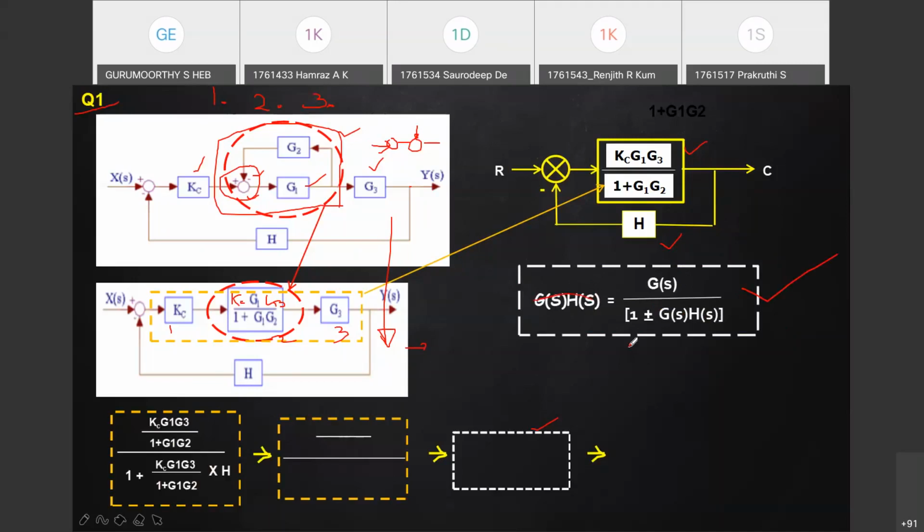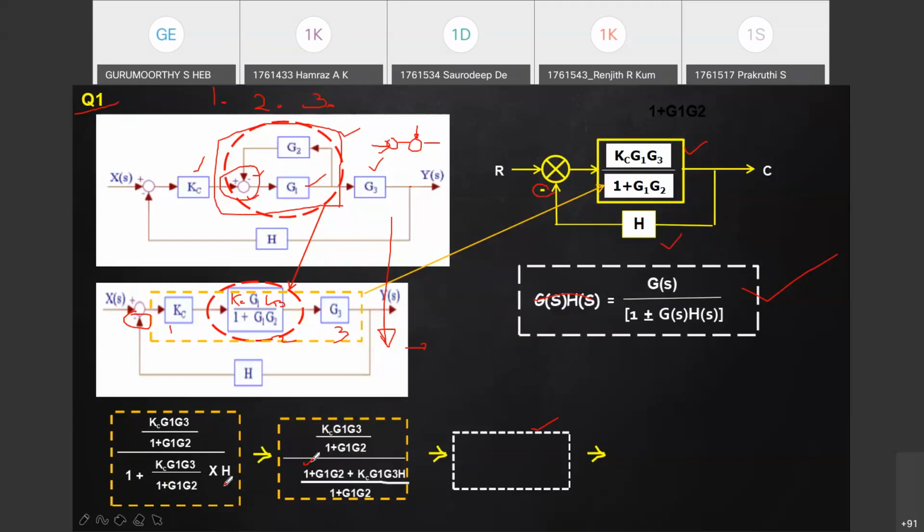So using that, our G of S is this Kc G1 G3 divided by 1 plus G1 G2, divided by 1 plus, because here our sign is minus, so here it is minus, 1 plus G of S, that is this value, into H of S. H of S is equal to H. Now it is your mathematics. Just take 1 plus G1 G2 as LCM, so that this 1 will become 1 plus G1 G2.